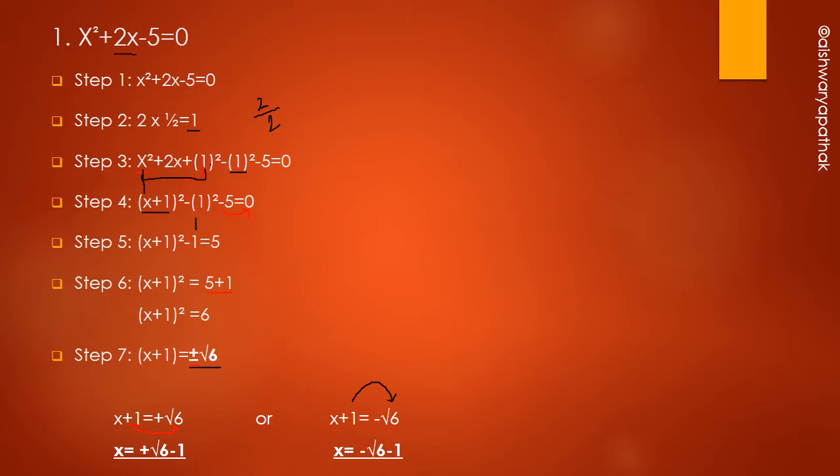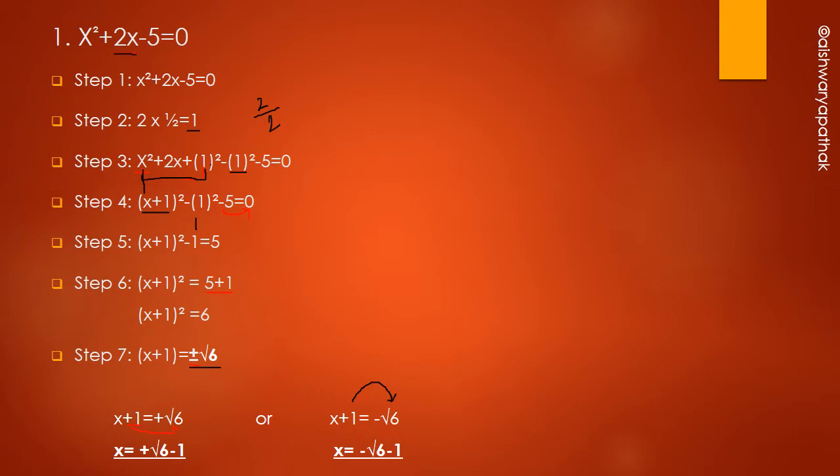Now in step 5, you need not touch this term x plus 1 square. It will carry forward. Then here 1 square is 1 only. So you have to write here 1 minus 1. And this minus 5, when it goes to the other side, it will become plus 5.